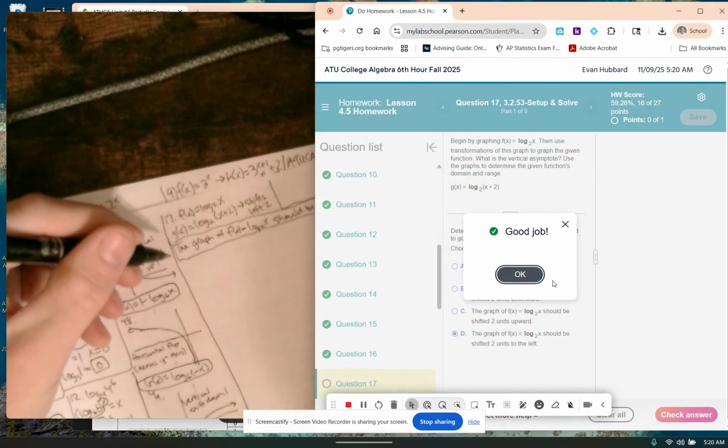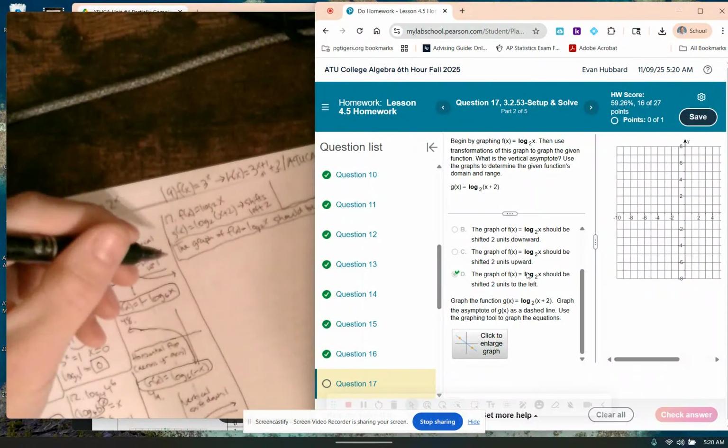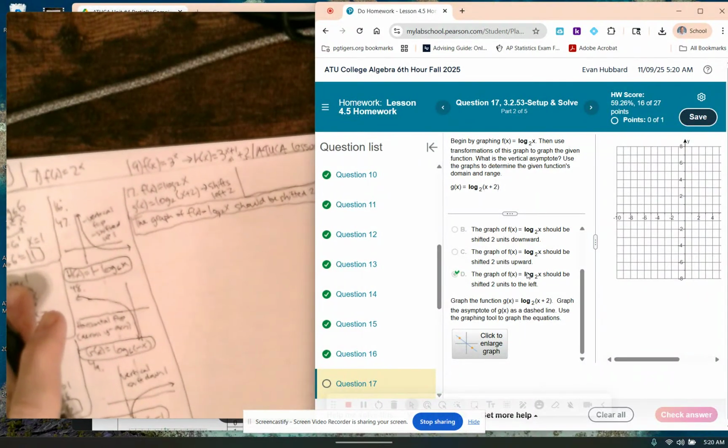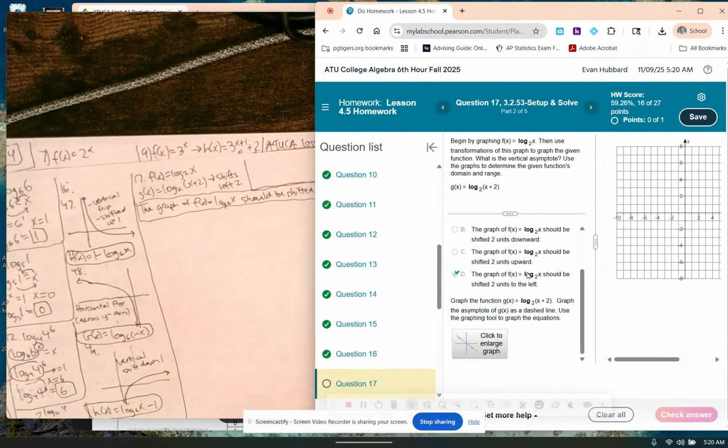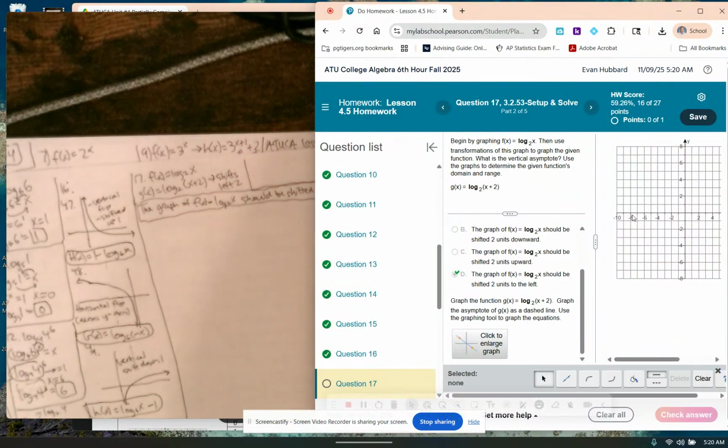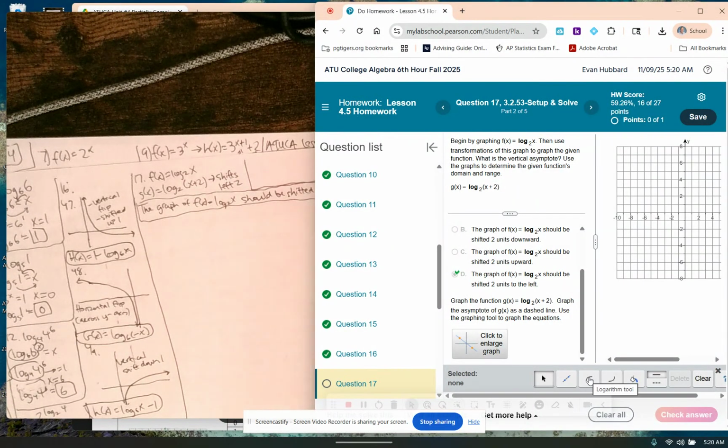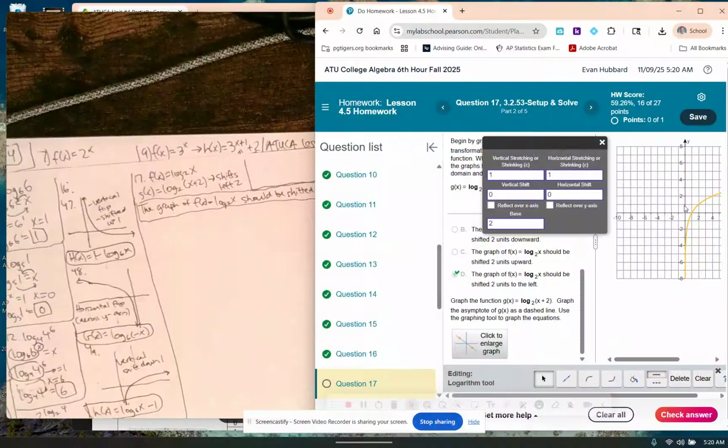All right, let's go to the next one. Graph the function. So we're going to graph this. What you're going to do is click on the graph, and this is the logarithm tool. So click the logarithm tool. I think you can just click anywhere, and it's going to go left 2. So the base is 2, so it's going to be a horizontal shift.